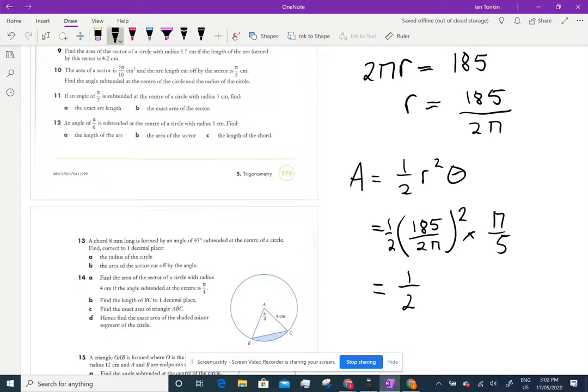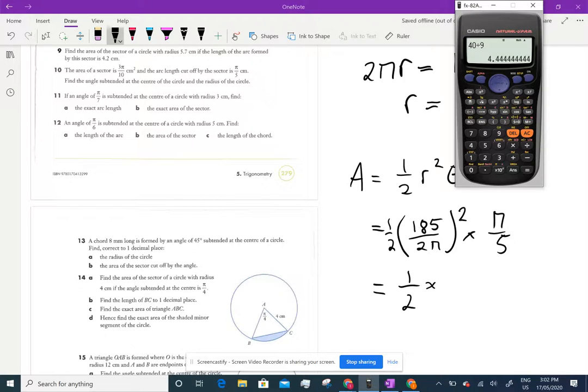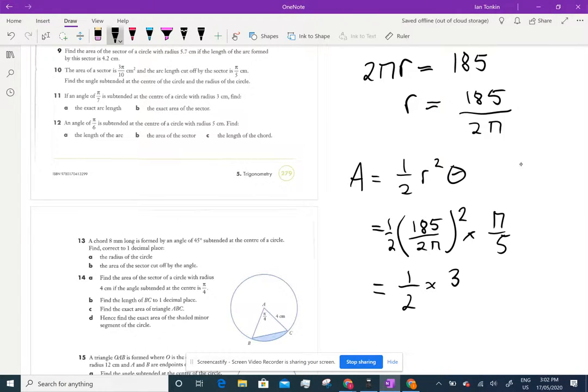I'm going to get a half times 185 squared, which is 34225. The 2 on the bottom will become 4, and I'll get pi squared times pi on 5.